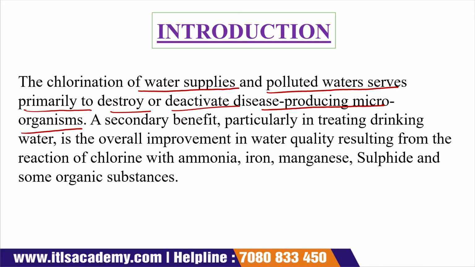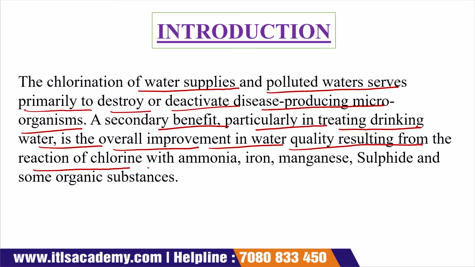When we add chlorine into that drinking water, it reacts with all these elements, ammonia, iron, manganese sulfide and other organic substances, and it improves the quality of the drinking water. That's why this chlorination process is very important. A secondary benefit, particularly in treating drinking water, is the overall improvement in water quality resulting from the reaction of chlorine with ammonia, iron, manganese sulfide and some organic substances.